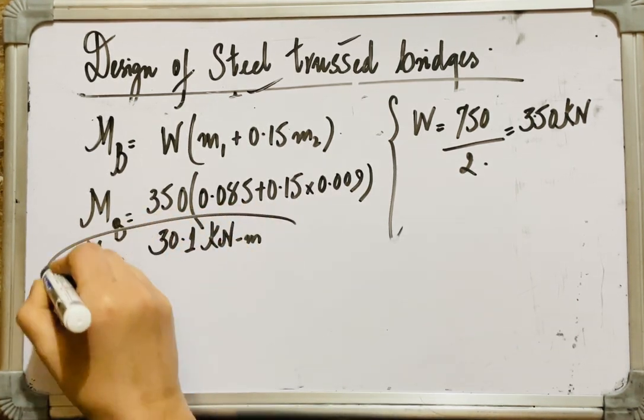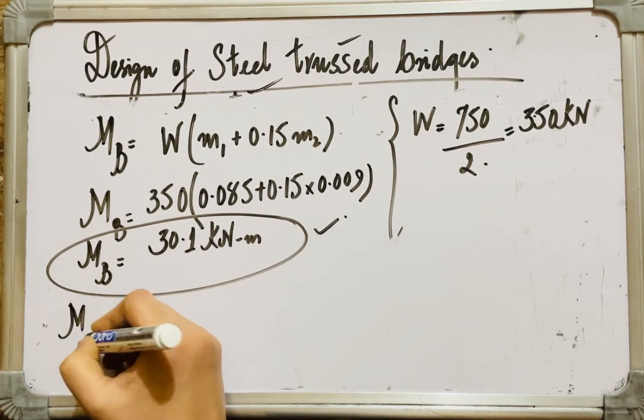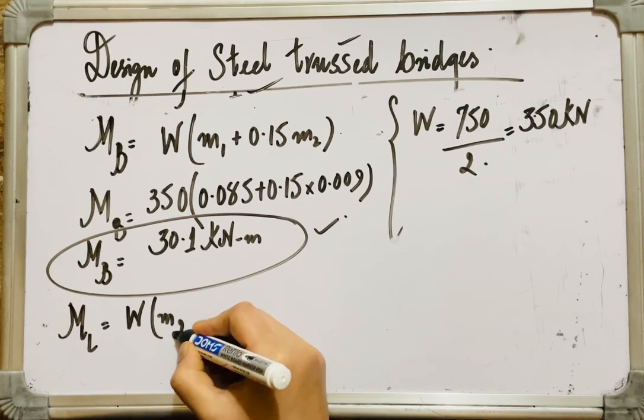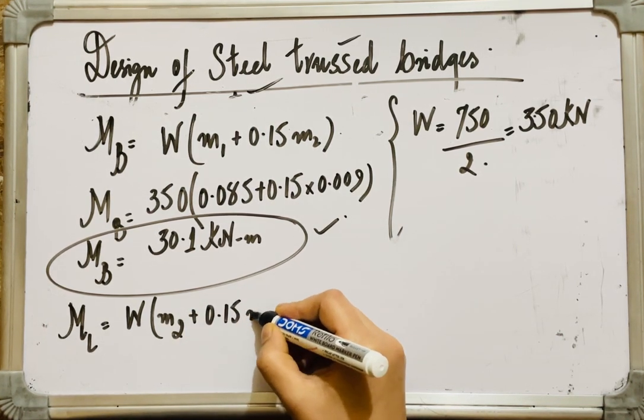All right, this is my bending moment from the live load along the shorter span. In the similar manner, I'll calculate my bending moment along the long span, ML. As per Pigeaud's theory, it is W times (M2 plus 0.15 times M1).